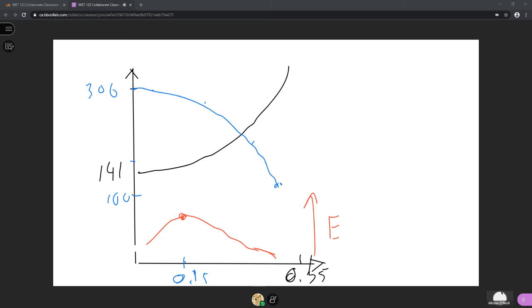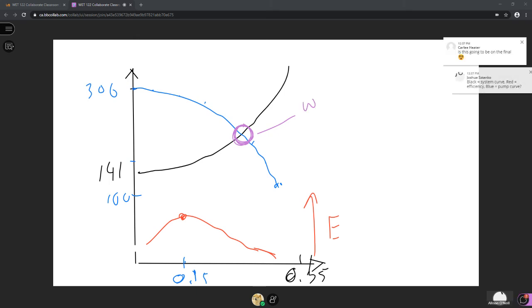So I'm going to show you something that we haven't talked about so far, where the black is the system curve, the blue is the pump curve, and the red is the efficiency.